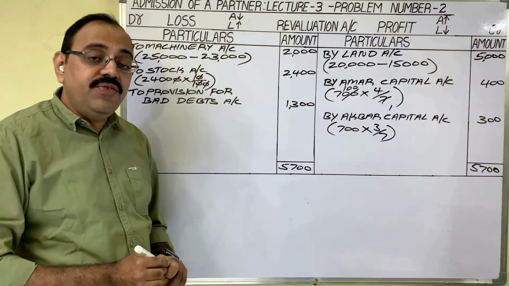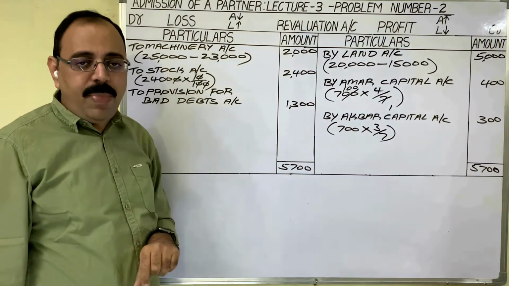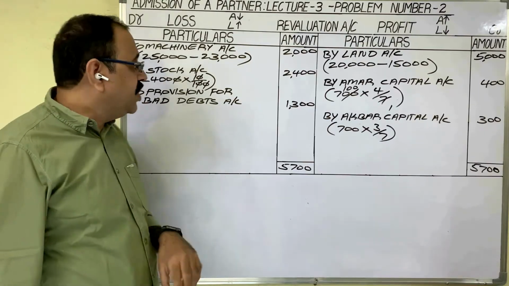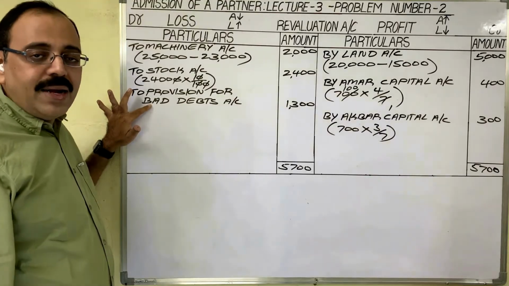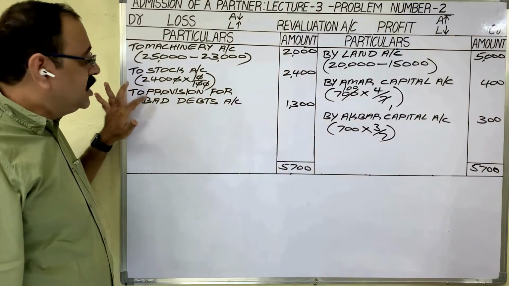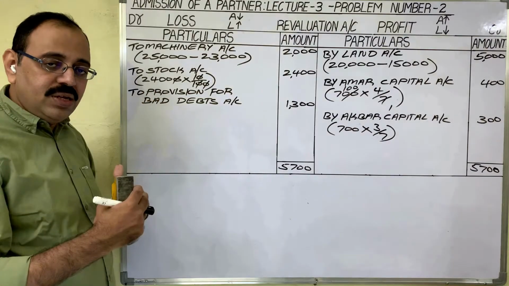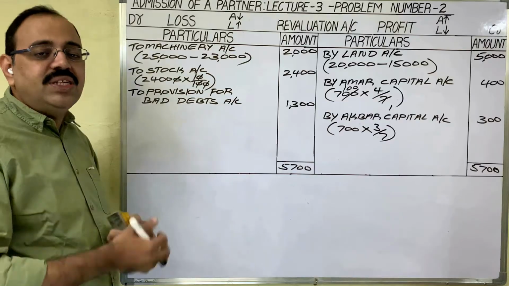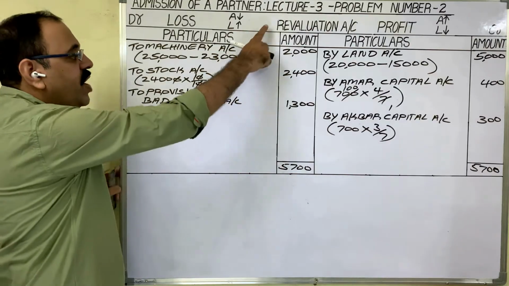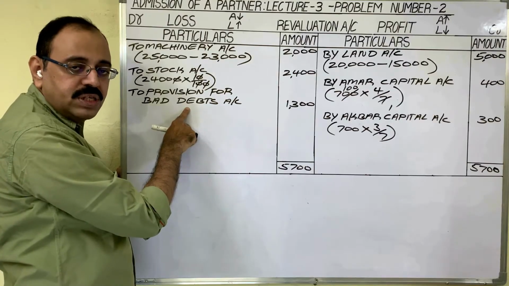Now come to journal entries. Related with the revaluation account, 3 entries we have to pass. First entry is for machinery, stock, provision for bad debts. 3 assets, machine, stock, debtors are reducing. This is loss. For that loss, we have to write the first entry. In revaluation account, debit side, we posted these 3 accounts names.